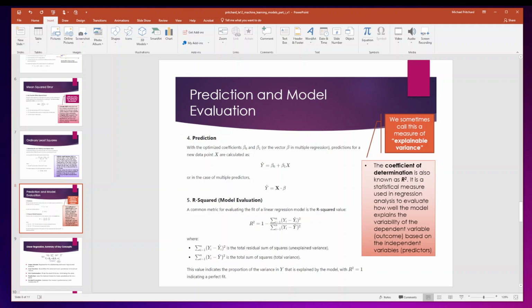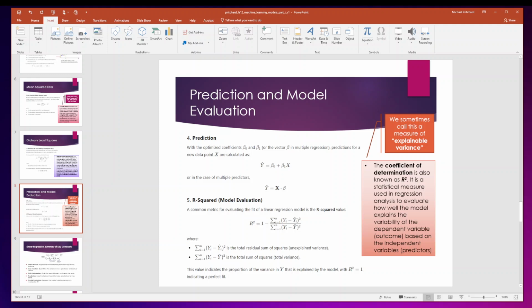Okay, so after we've done all that, we've gone through our first 3 steps, and we're now ready for prediction. Once we have the model trained, because this is a supervised model, and we've found the line of best fit, then we can use a prediction.